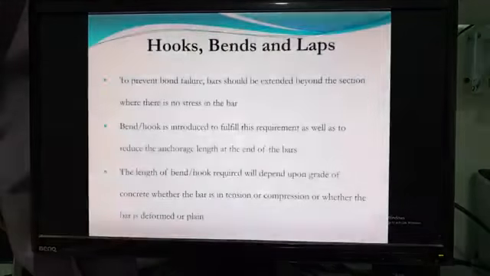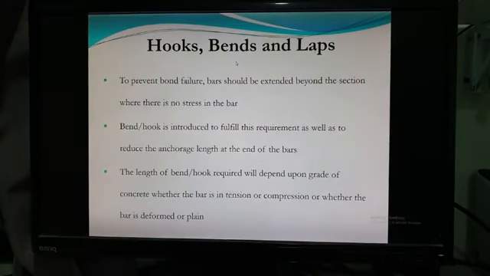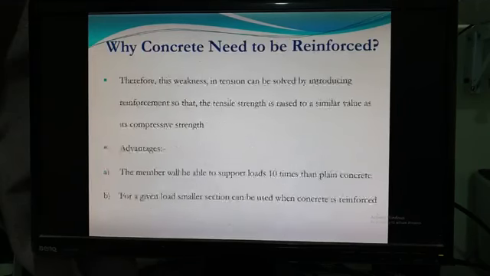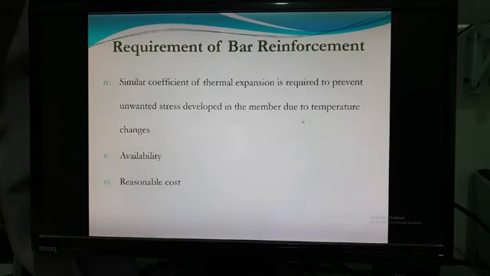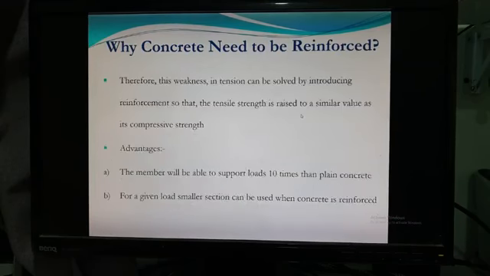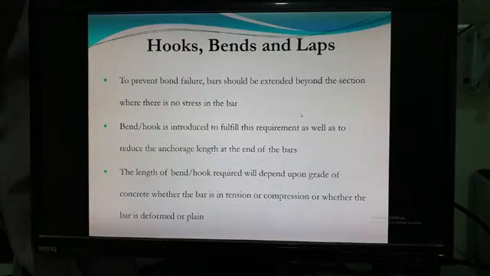So usually in reinforcement diagrams, we can see all these hooks, bends, and laps. This type of connection. So this is a bend, there's a hook, and all this. So what are these things for? These hooks, bends, and laps are usually done to the reinforcement to prevent bond failures. So bars should be extended beyond the section where there is no stress.